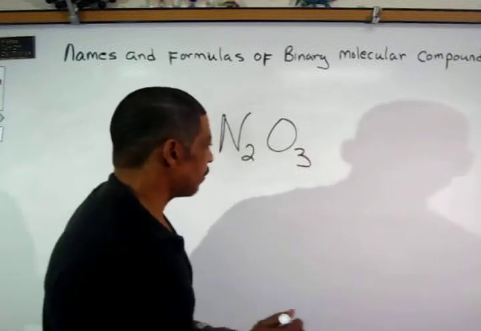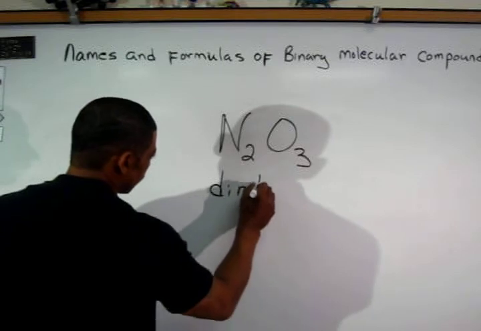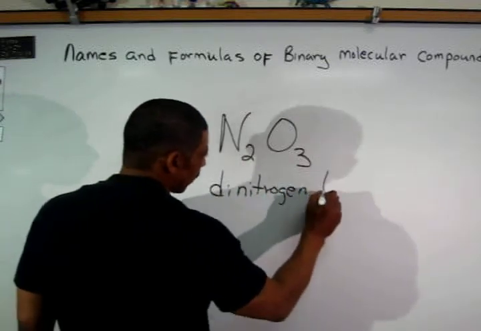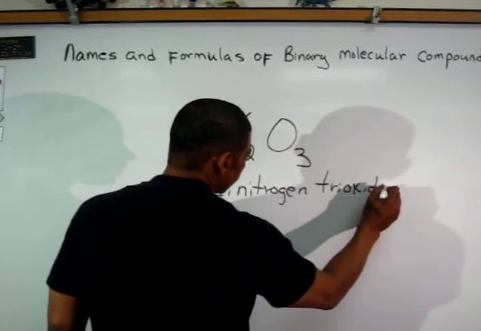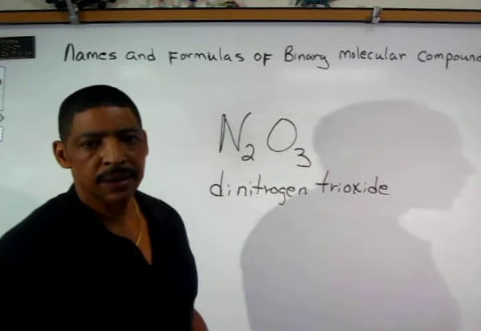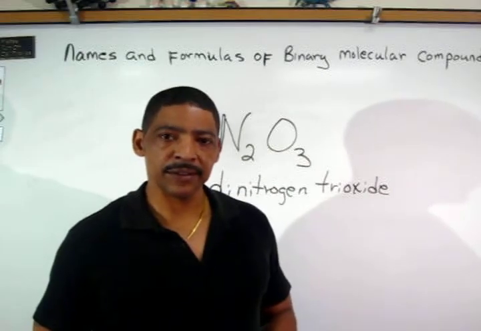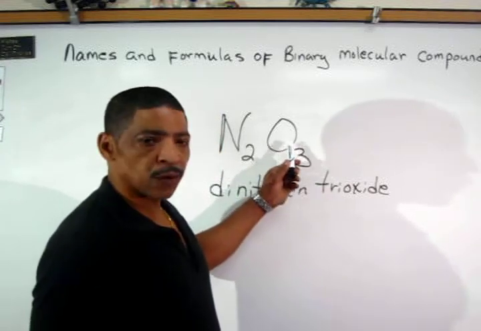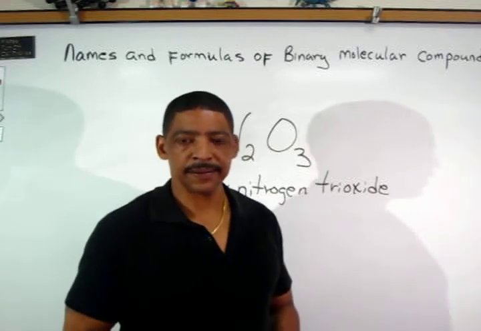The name of this compound is dinitrogen trioxide. When naming binary molecular compounds, the name of the last element in the formula will end with IDE.